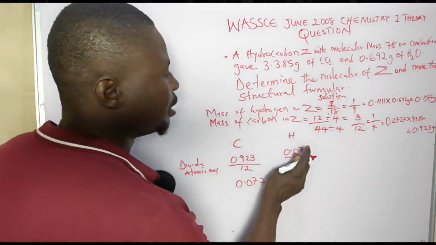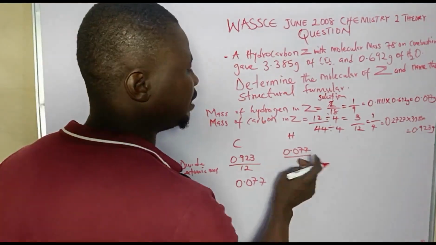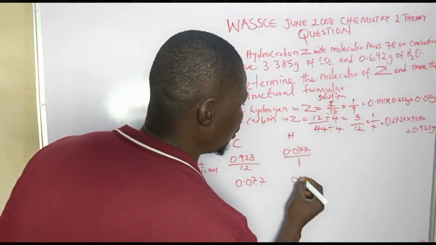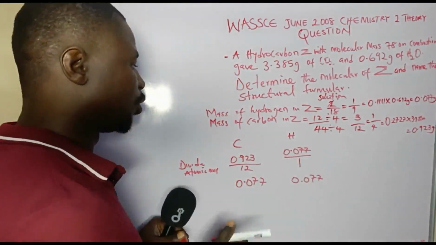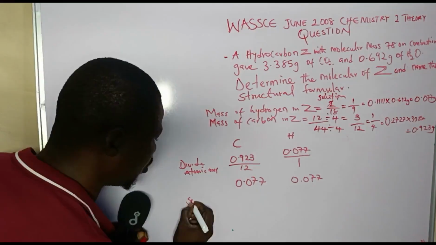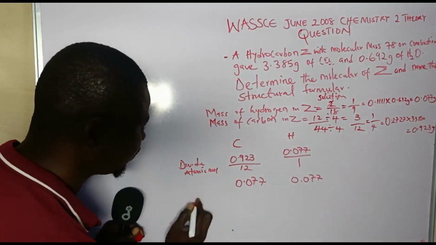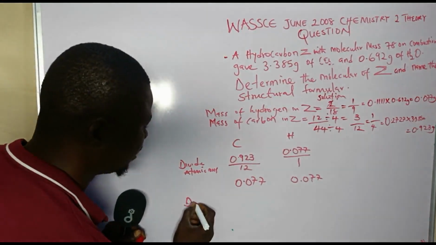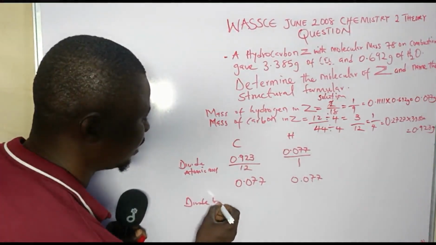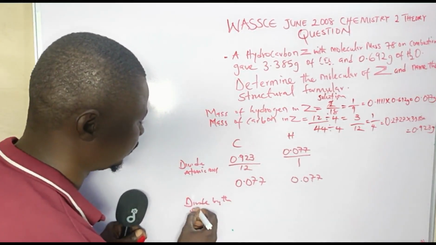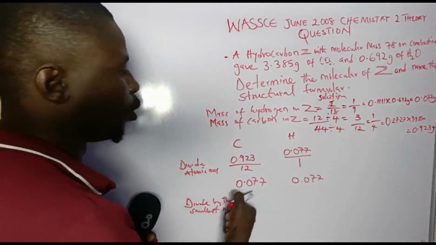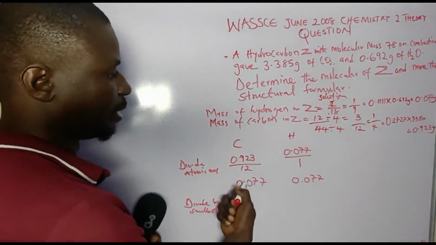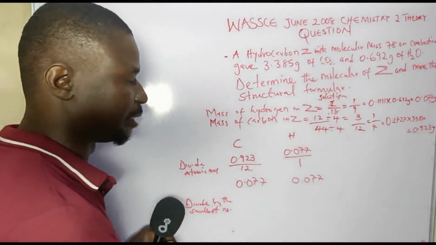0.077. Then 0.077 divided by 1 will give you 0.077. So what are you going to do next? You divide by the smallest number. If you look at this, the smallest number is this, and sometimes is this. That means they're the same thing.